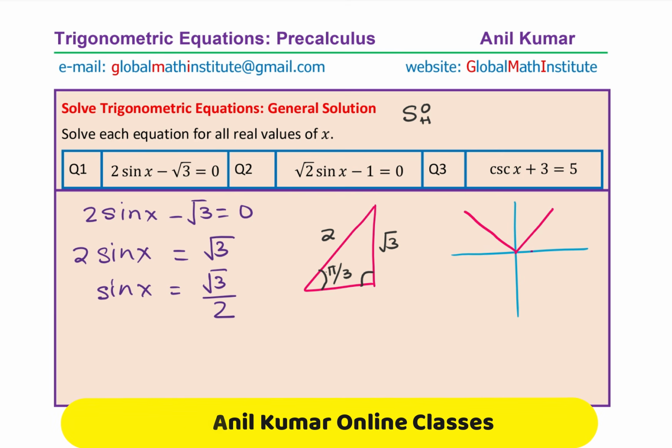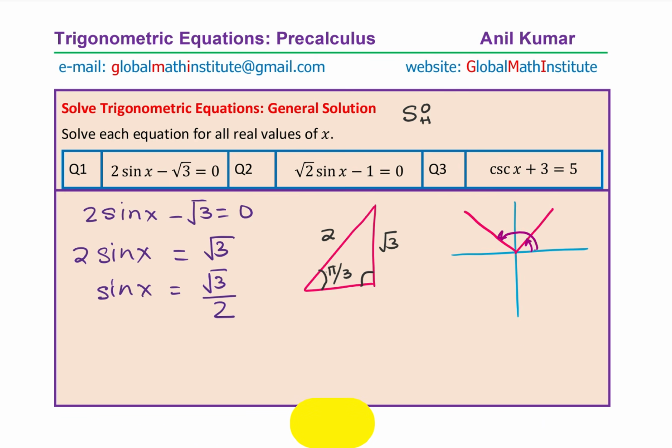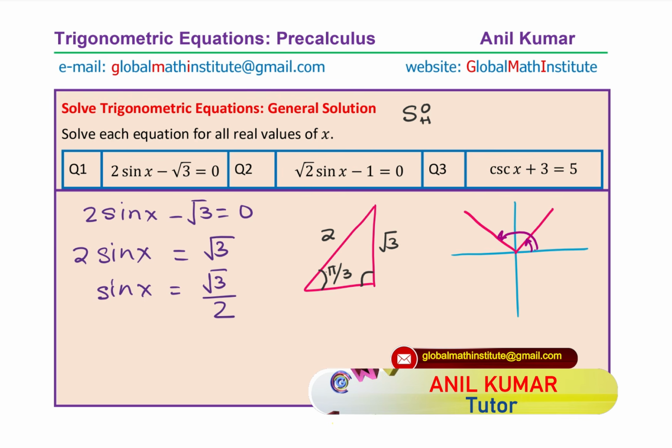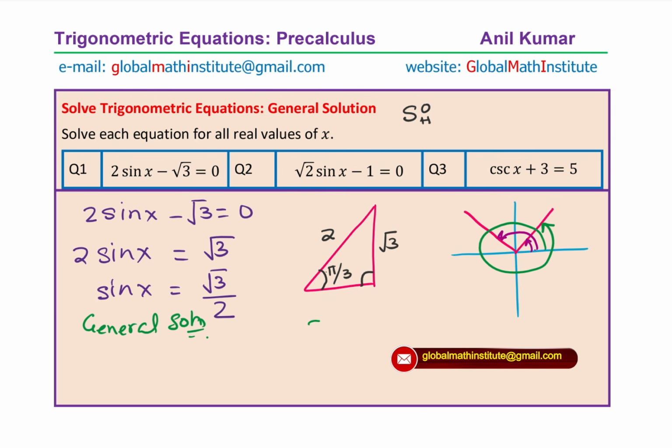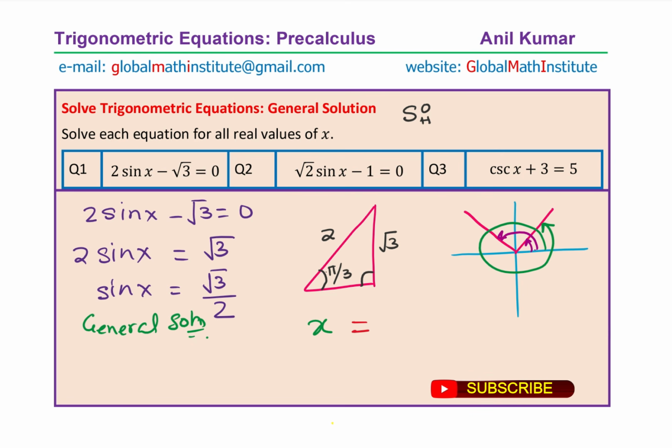So all these are solutions, correct? This is a solution, that is a solution, right? Similarly, if you go like this, that is also a solution. So we have to now provide a general solution. So general solution will be what? General solution is x is equal to n pi, right?